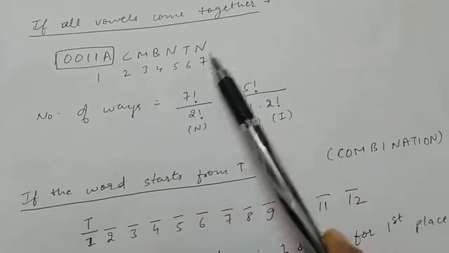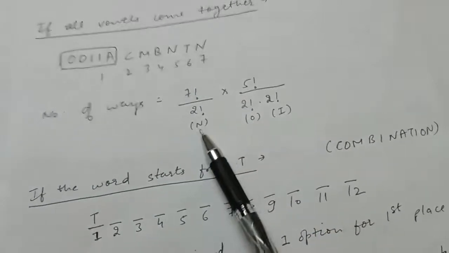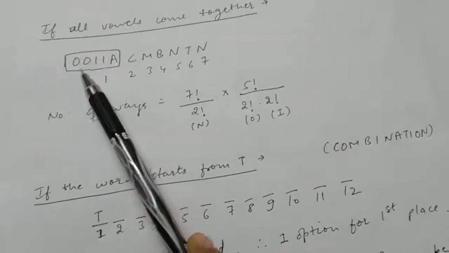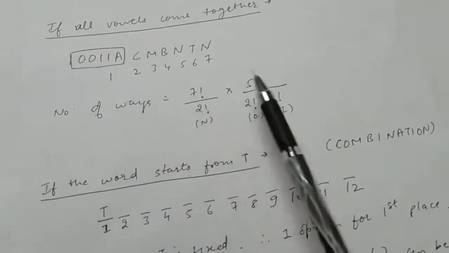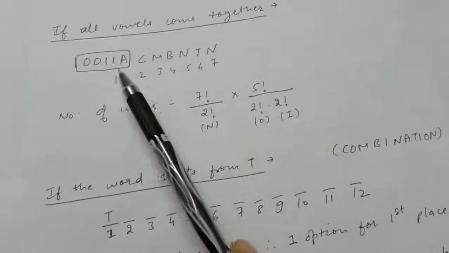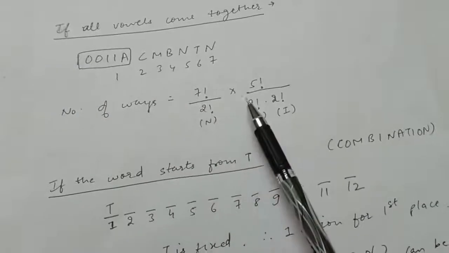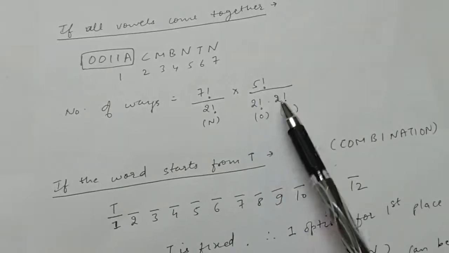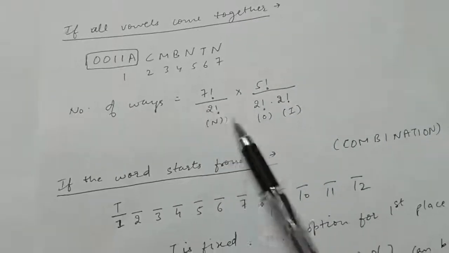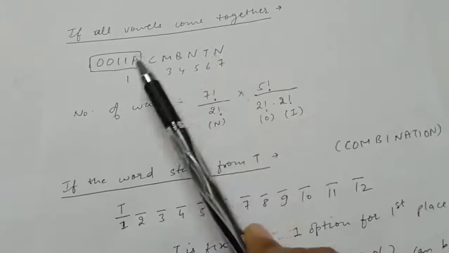In this you can see only N is repeating twice, so divided by 2 factorial for N into, now see this letter. It consists of 5 letters, which can be arranged in 5 factorial ways. But I is repeating twice, O is repeating twice, so you will also divide it by 2 factorial for O and 2 factorial for I, right? So these are the number of ways in which the word combination can be arranged so that all the vowels come together.